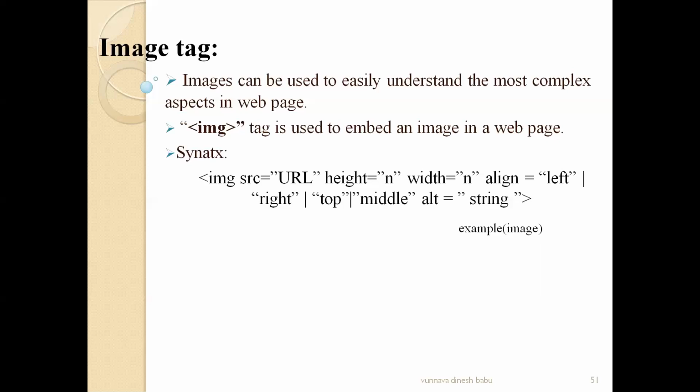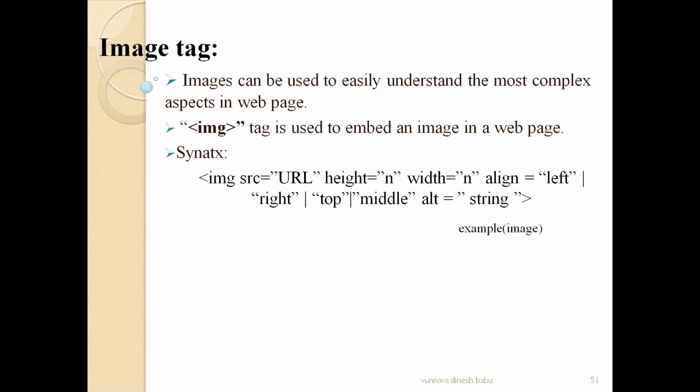And then the alternative attribute, ALT. This ALT attribute stands for alternative. For this alternative, we have to provide any string. It may be your name, your branch name, your college name, your mother's name, whatever it may be. We have to provide some string. That string may contain numbers, digits, capital letters, anything.